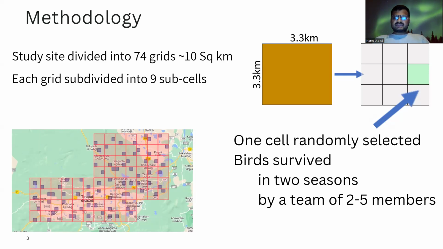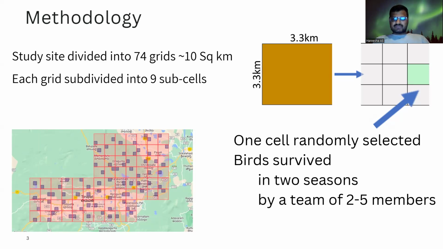From these subcells, we randomly selected one subcell for survey, which accounts for 10% of the overall grid area. We did the bird survey in two seasons: one in the breeding season, September and October, and one in the non-breeding or winter season, in January.